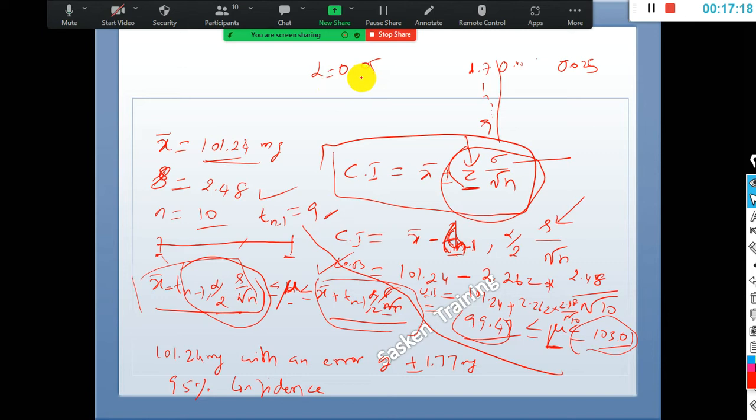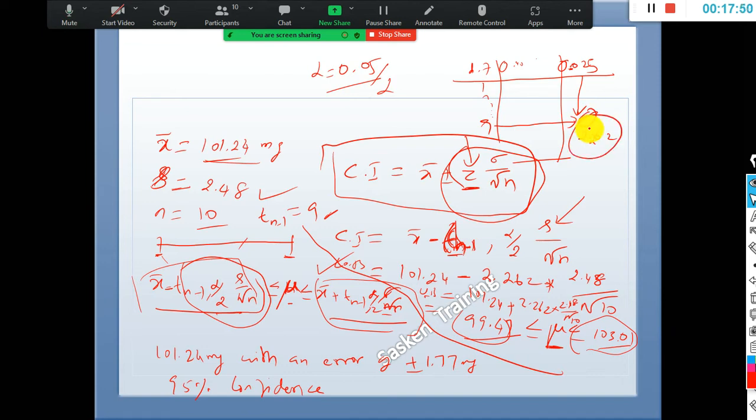Usually researchers conventionally use the alpha value as 0.05, and since we need to find the lower and upper bound, we do alpha divided by 2. 0.05 divided by 2 is 0.025. Okay, hence this is my confidence level. And where these two values intersect in the t distribution table, you will find 2.262.